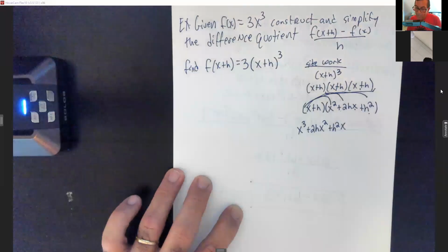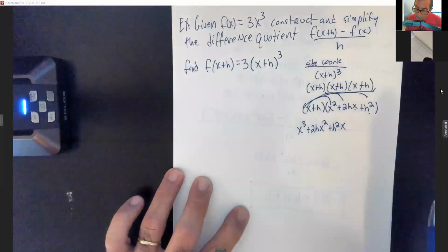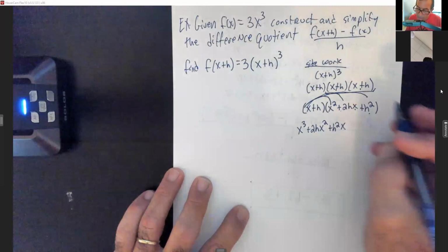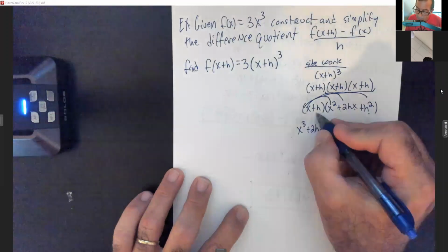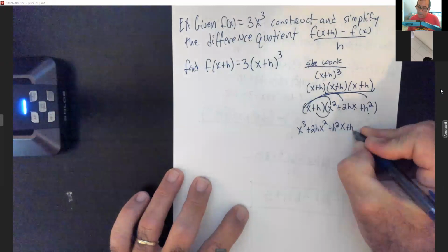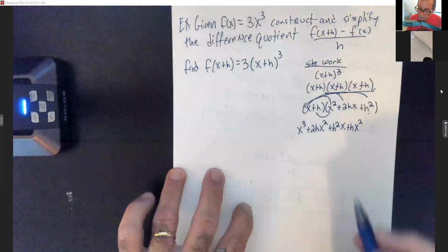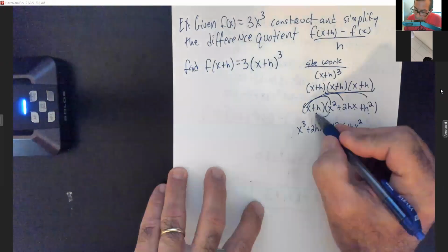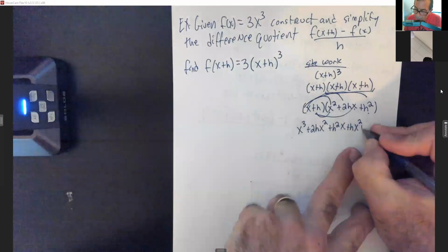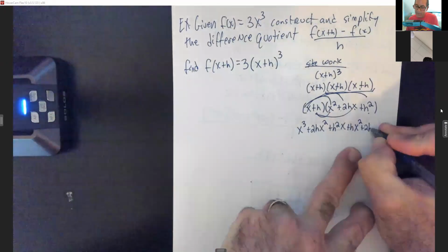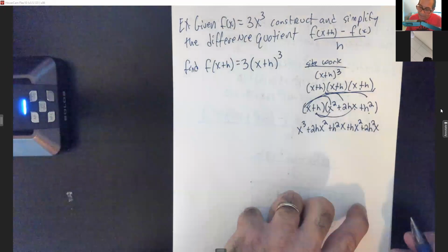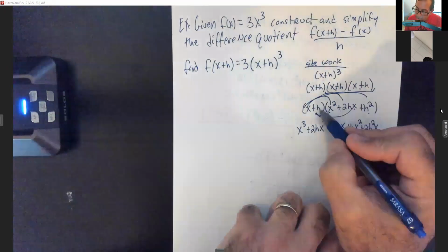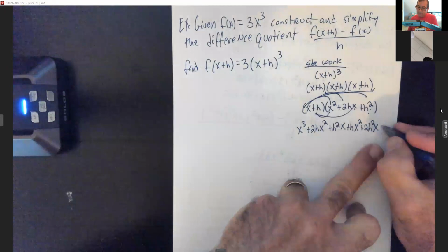I'm just putting them in alphabetical order. Now watch this. H times x squared is an hx squared. H times 2hx is a 2h squared x. And then finally, h times h squared is an h to the third.